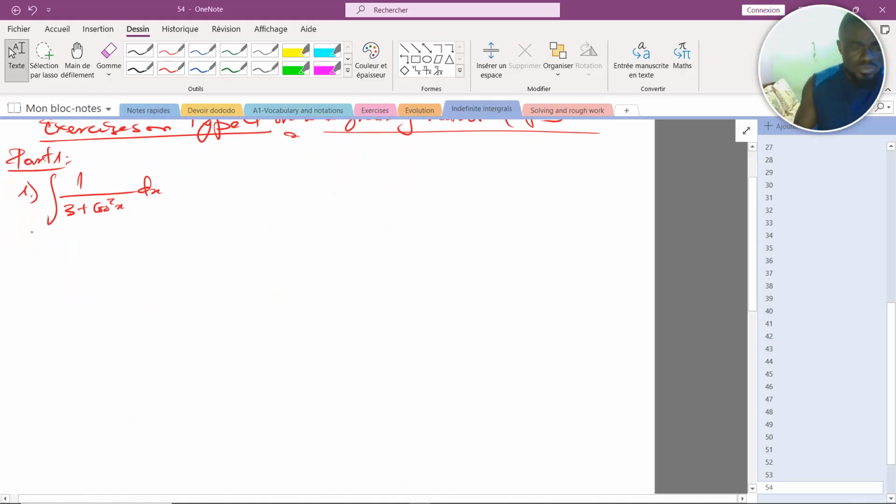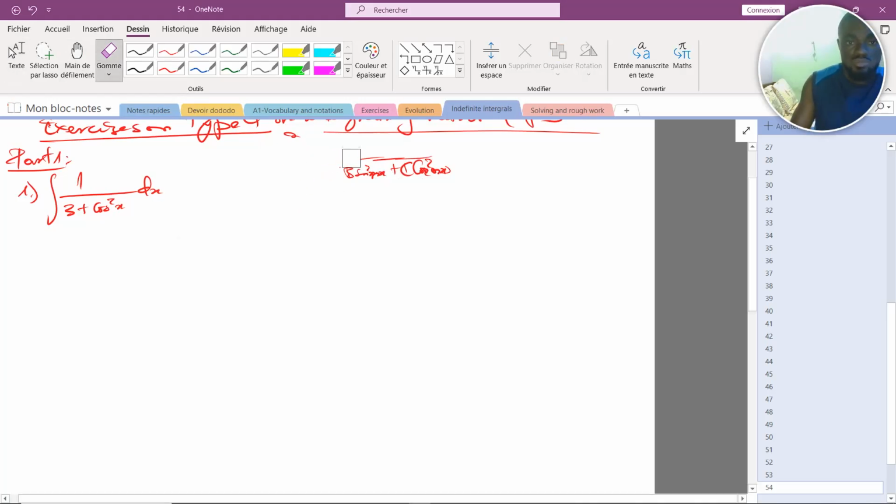We see that this integral is already in the form of the integral of 1 all over a plus b sine square nx plus c cos square nx. Is that okay? So the substitution in such a case is t equals tan nx.